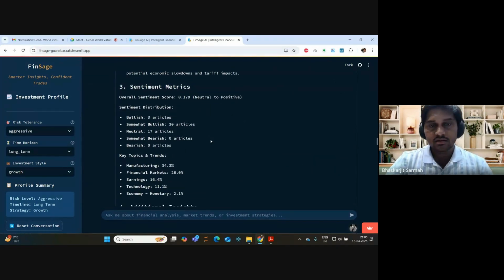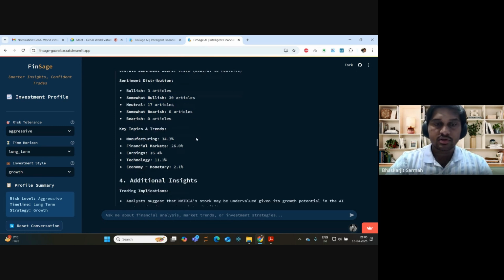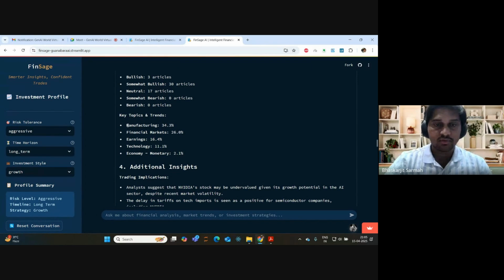Then it will find out, okay, what is the overall sentiment? If you see here, these are the 5 different categories: bullish, somewhat bullish, neutral, somewhat bearish, and bearish. And you see, 3 are bullish, 30 are somewhat bullish, and 17 are neutral. We're also doing this sentiment analysis for different topics, or different aspects. This is also known as aspect-based sentiment analysis.